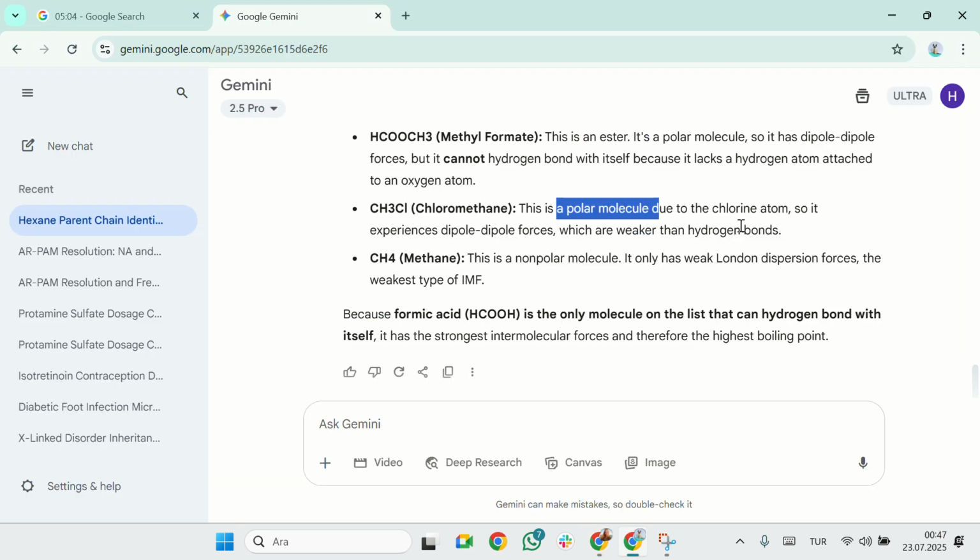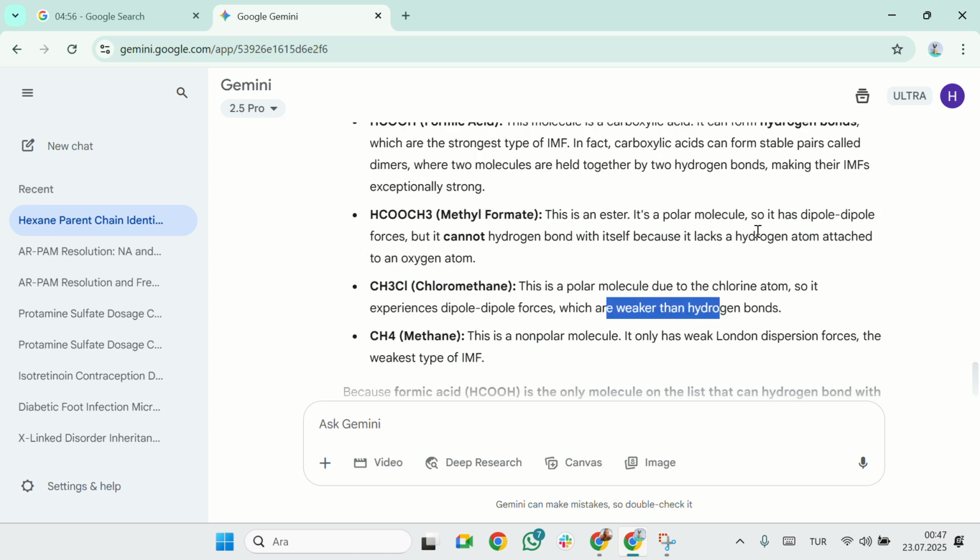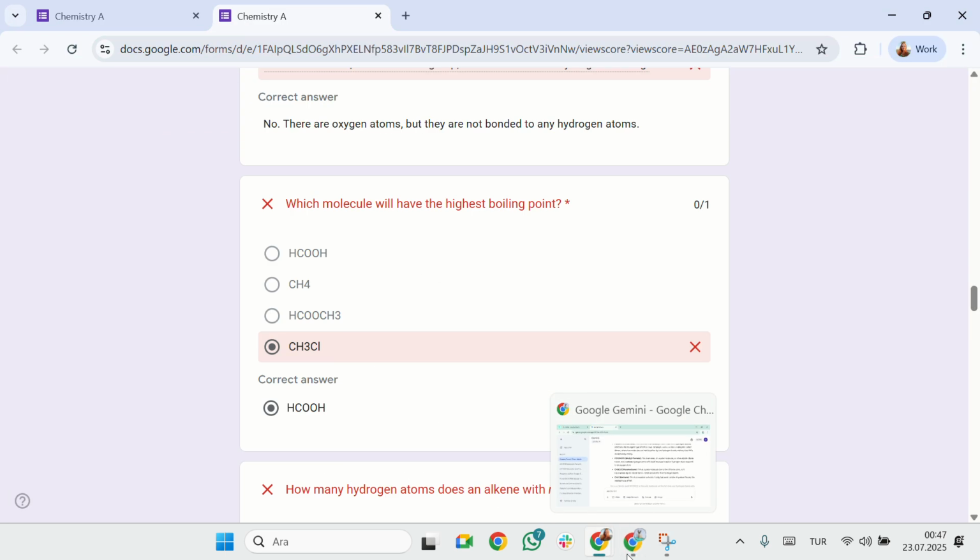This is polar due to the chlorine atom, so its forces are weaker than hydrogen bonds. Oh, okay. I got it. This is an ester molecule, so it cannot hydrogen bond with itself. So you're agreeing with the answer here.